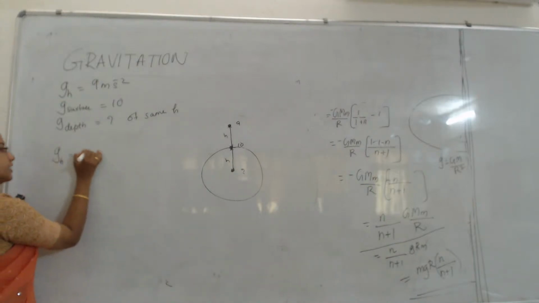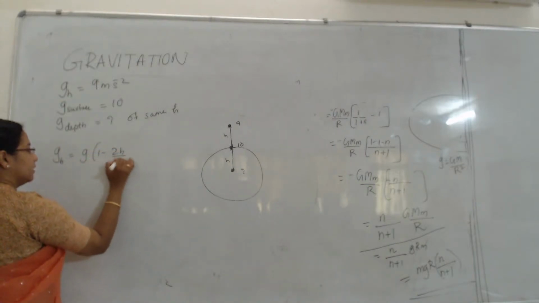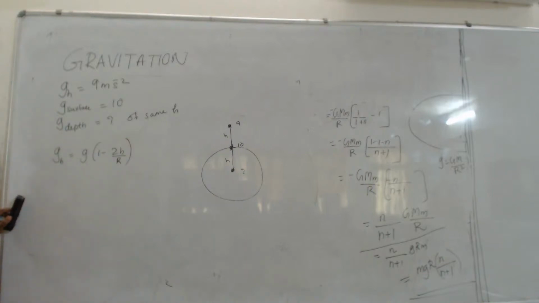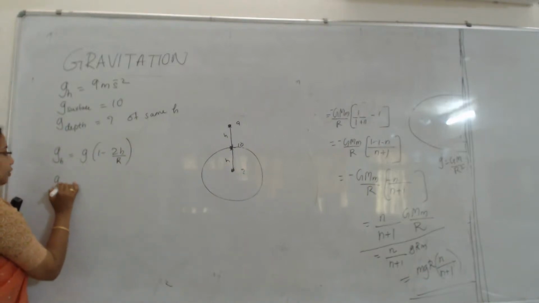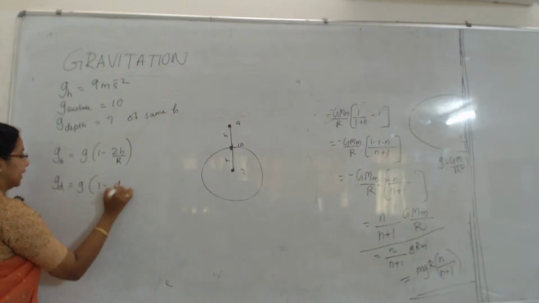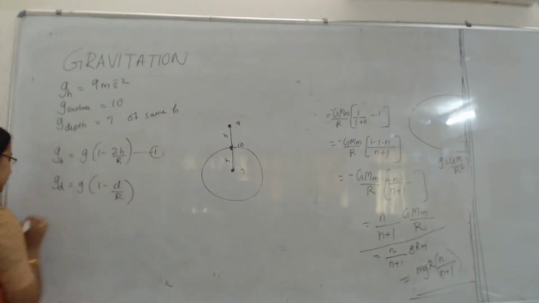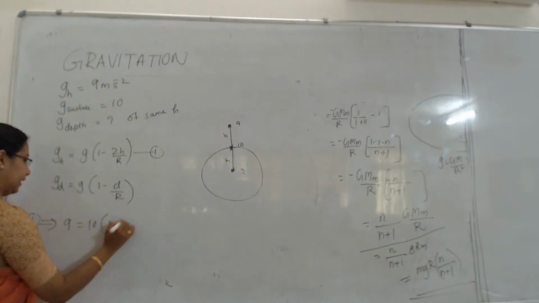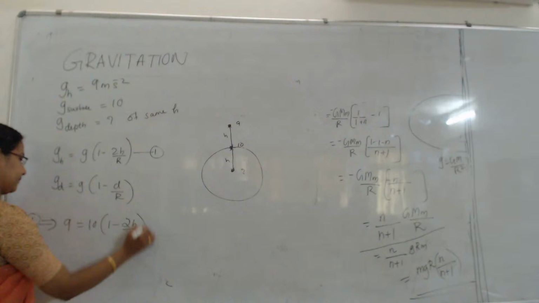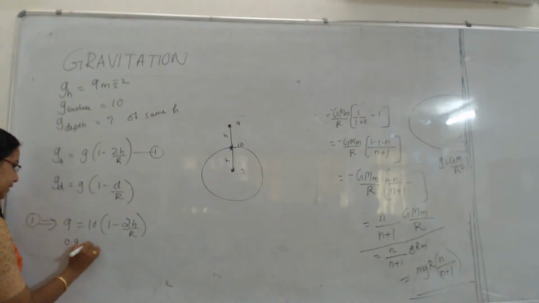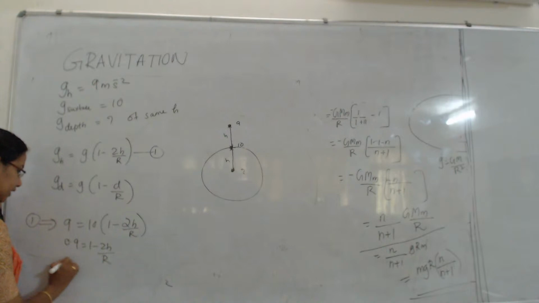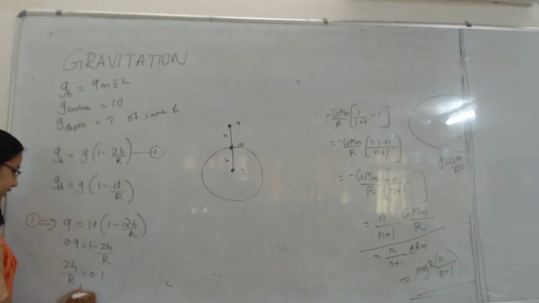Gh, we all know, is g into 1 minus 2h by R. G depth, you know, is g into 1 minus d by R. According to the first equation, equation number 1, I can write 9 equals 10 into 1 minus 2h by R. That is 0.9 equals 1 minus 2h by R. 2h by R is equal to 0.1, or h is equal to 0.1 by 2 into R.